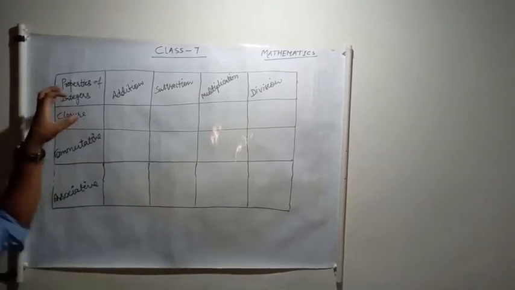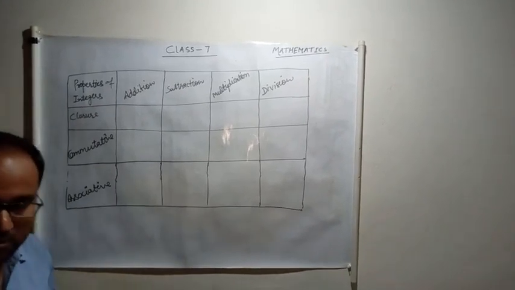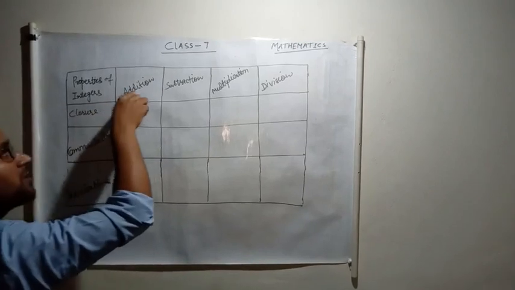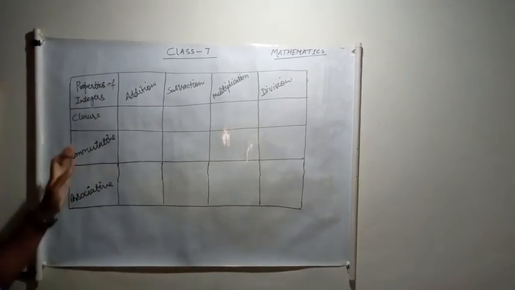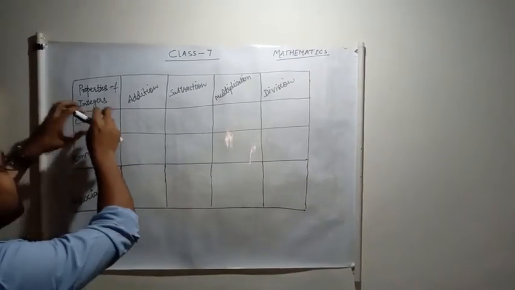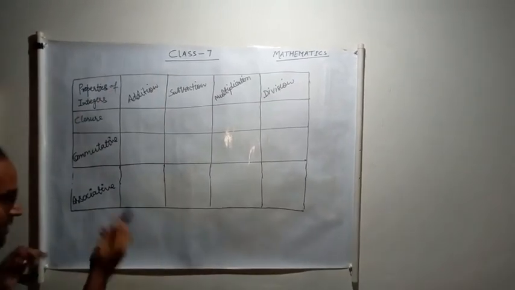And what is a closure property? Closure property means that if we add, for addition, we are going to discuss this closure property for addition. If we add two integers and we get another integer, then it is said that closure property holds for addition. It is as simple as that. I will show you.